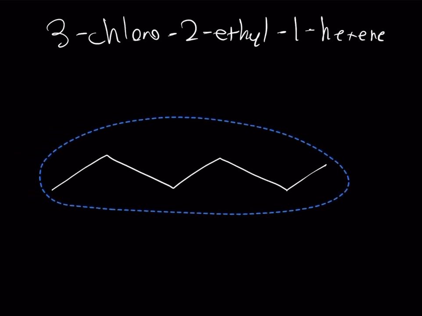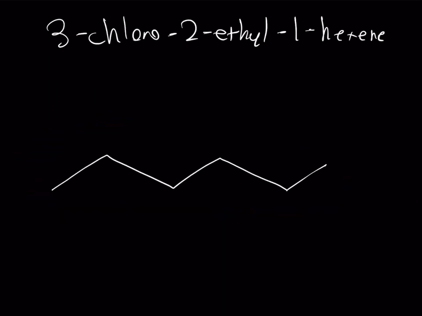Now in this case, carbon number 3 has a chloro, so this would be carbon number 3. So we'd put a chlorine on it. Carbon number 2 has an ethyl, so this is carbon 2. We put an ethyl on it. And then carbon number 1 has a double bond because the 1 comes before the word hexene, and hexene has the suffix ene. So let's put the double bond right here. And that's our structure.